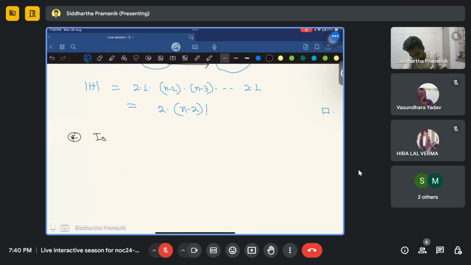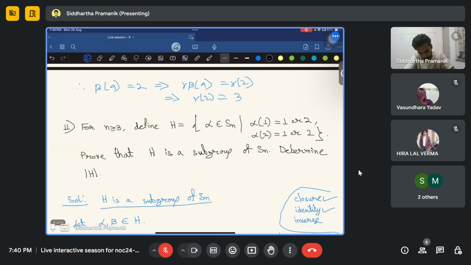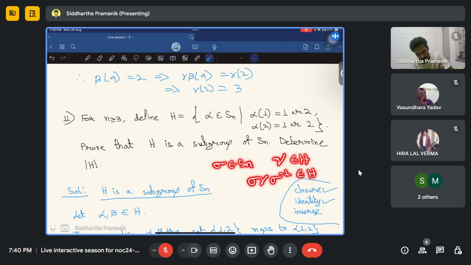Is H a normal subgroup of Sn? Just quickly try. Just take some sample elements from Sn and sample elements from H and try to see whether sigma, gamma, sigma inverse belongs to H or not.